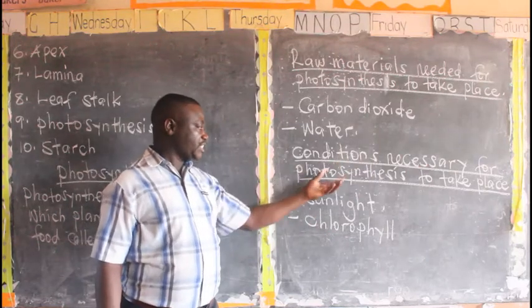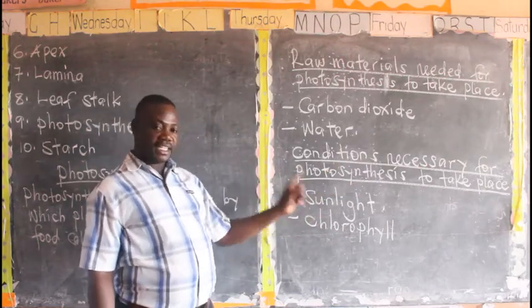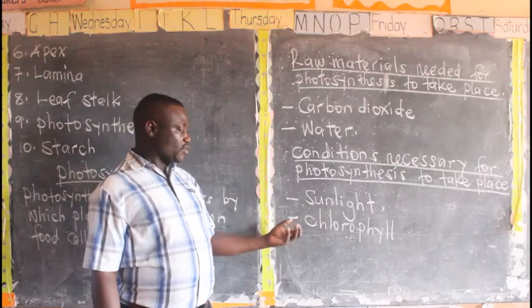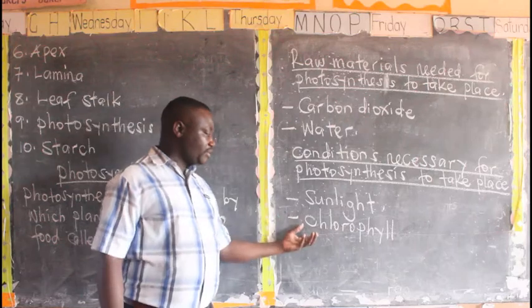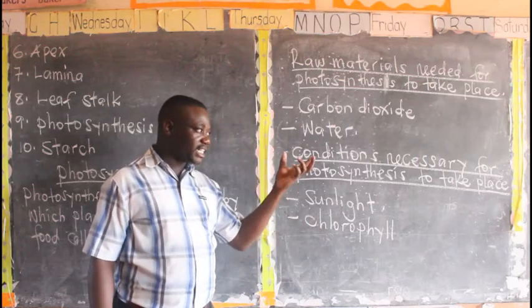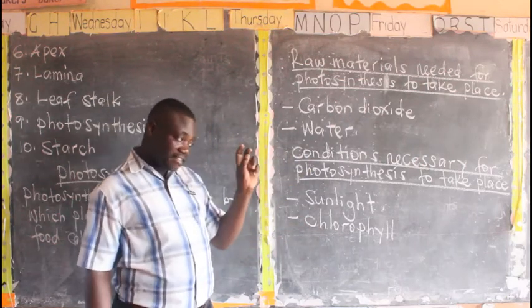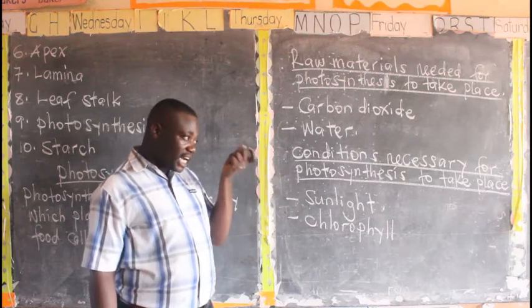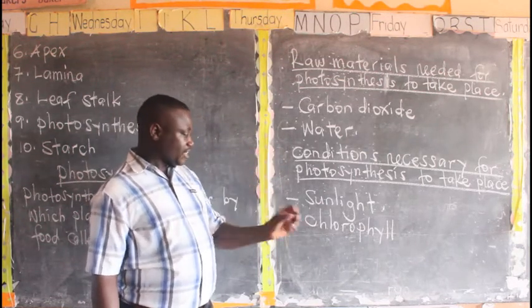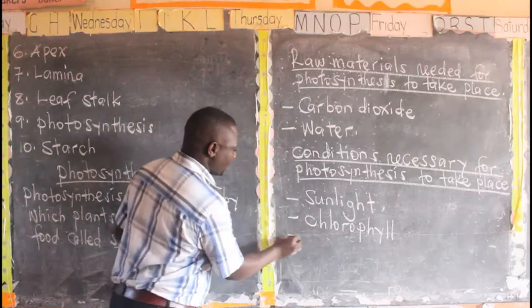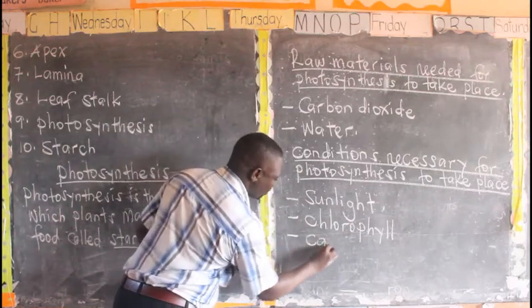Conditions necessary for photosynthesis to take place, we have mentioned sunlight energy, we have also mentioned chlorophyll, and chlorophyll is the green matter that appears on leaves. And then you can also bring carbon dioxide.